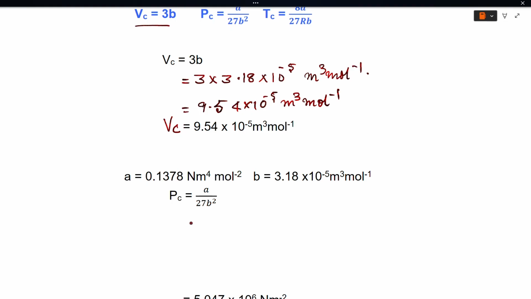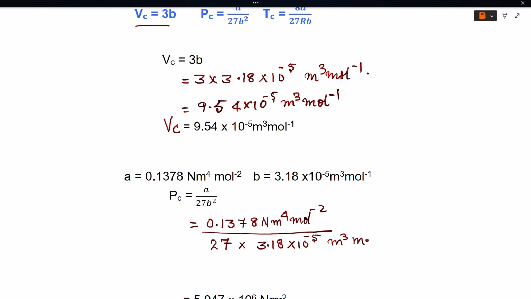Just substitute the values and solve for it. a is equal to 0.1378 newton meter raised to 4 mole raised to minus 2, whole divided by 27, okay, b square, that is 27 into 3.18 into 10 to the power minus 5 meter cube mole raised to minus 1, and that is a square factor. Do not forget, it is square.